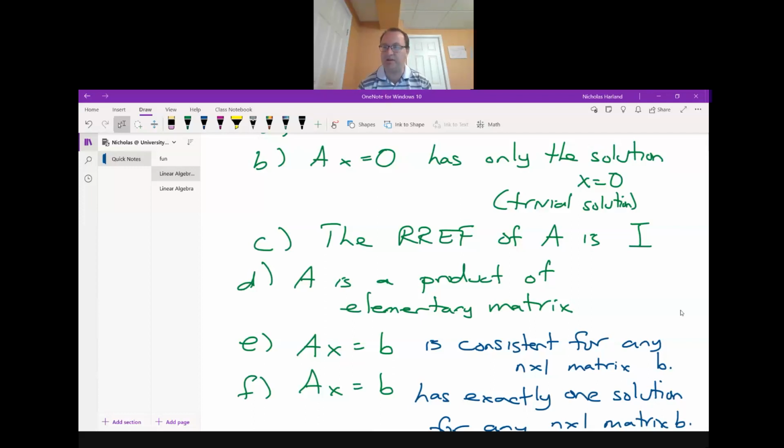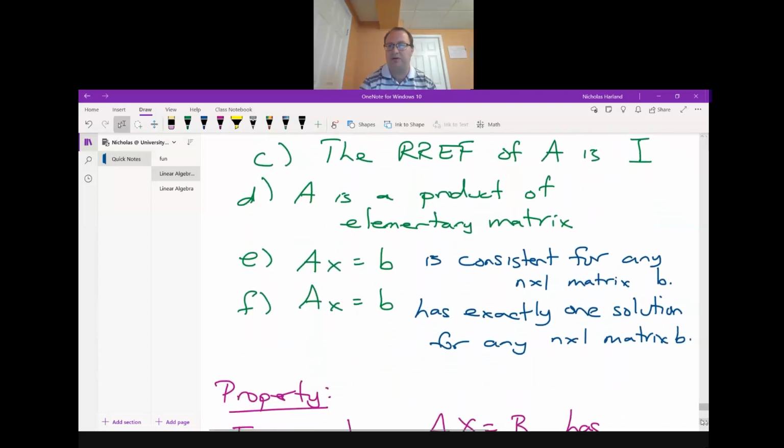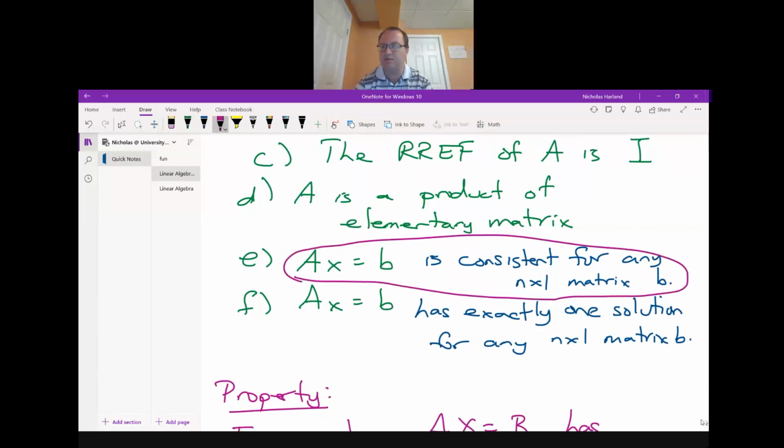If one of these properties is false, then all of these properties are false. In other words, if the reduced row echelon form of A is not I, then all of these statements are false. But I do want to be careful with E and F when I'm talking about it being false. So if the reduced row echelon form of A was not I, in other words, A is not invertible, feel free to ask yourself, what would that mean for this statement here to be false?